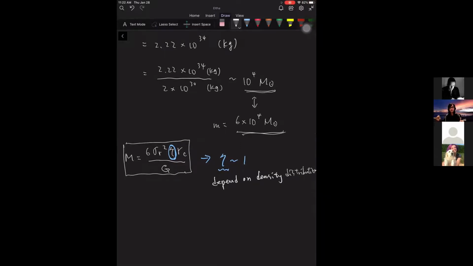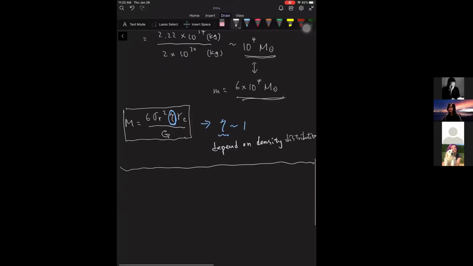Since I mentioned the density distribution, this is very relevant to what I'm going to talk about next. So if there's no more questions, I'll move on to the second part.